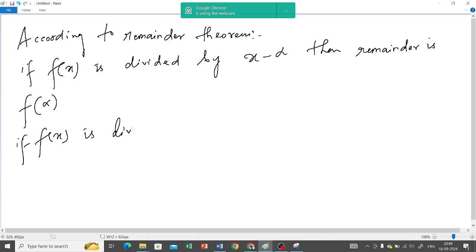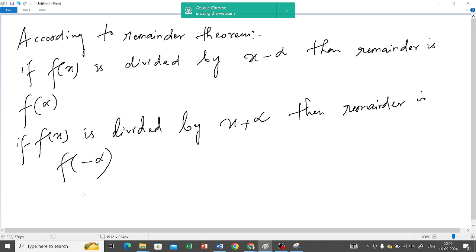If f(x) is divided by x plus alpha, the remainder is f of minus alpha. Since this was x minus alpha, the remainder is f of alpha. Since this is x plus alpha, the remainder is f of minus alpha.